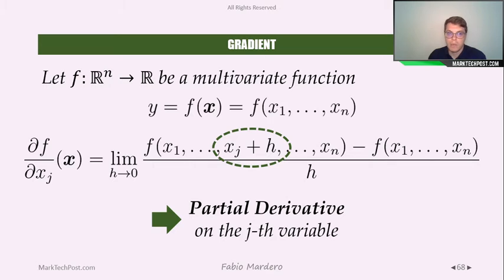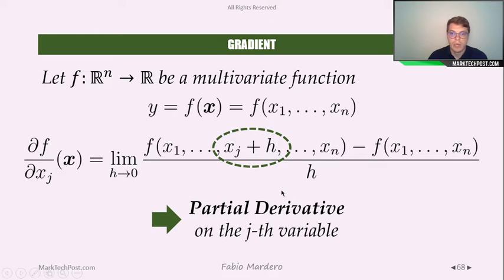But since now we have covered simple functions that map a real number to another real number, let's take a look at functions that go from Rn to R, multivariate functions.